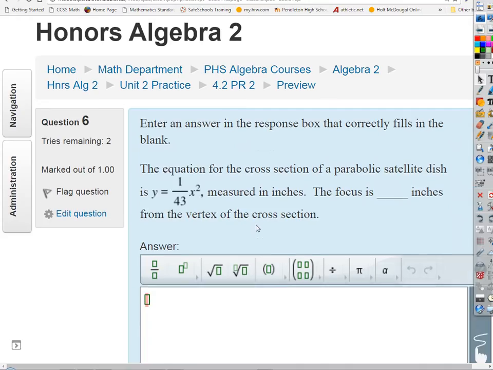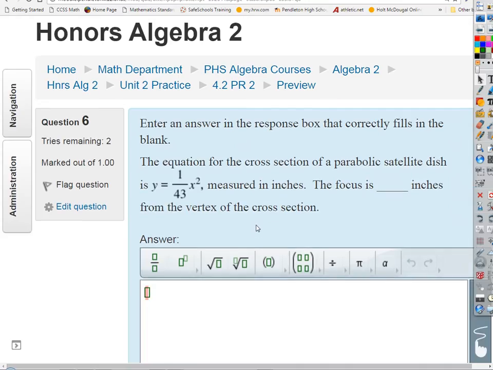So let's see, the first one here, we've got this parabolic satellite dish, and they want to know the focus is how many inches from the vertex of the cross section of this satellite dish.